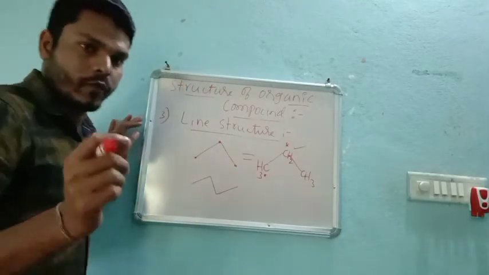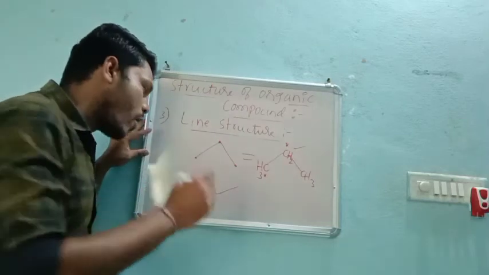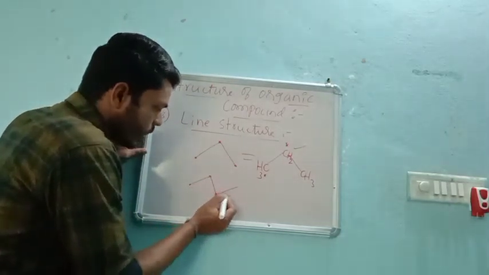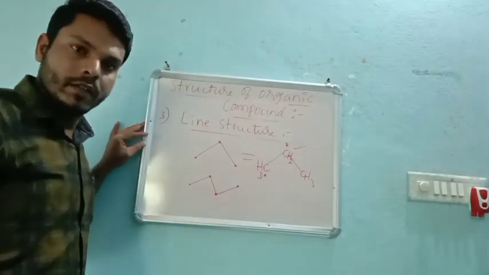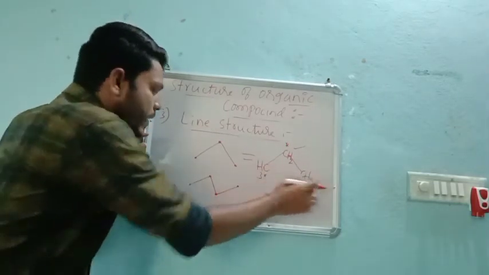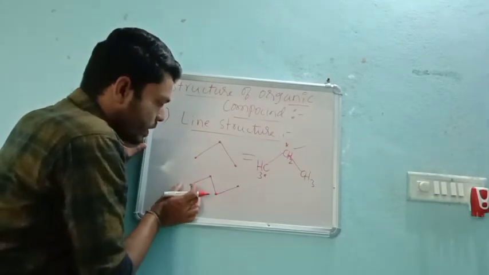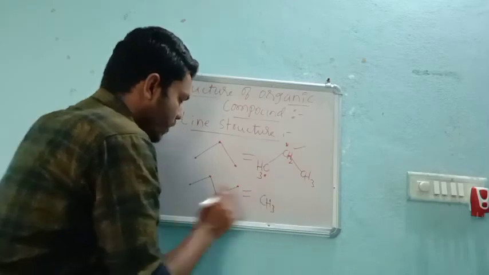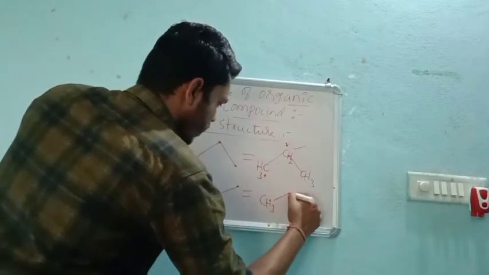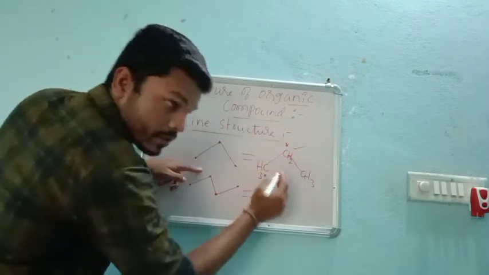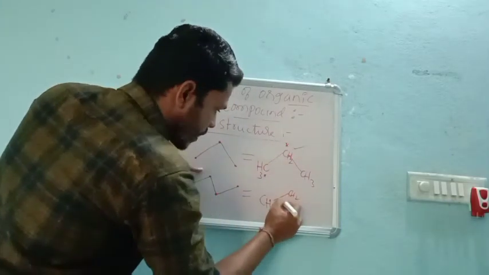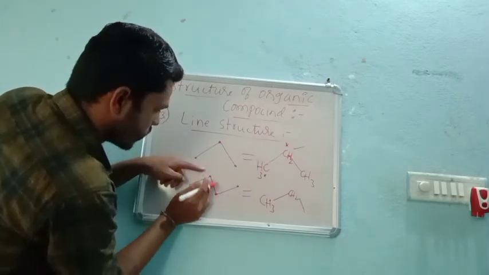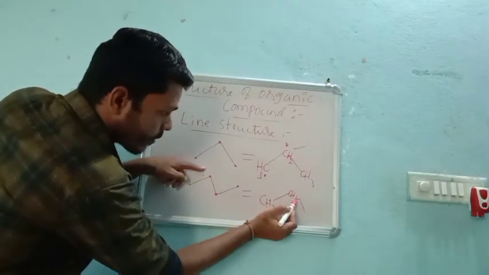Here, first try to identify the points: number 1, 2, 3 and 4. The terminal carbons, that means the last carbons, this carbon and this carbon, will have CH3. Now this one will be CH2, because around this carbon atom there are already two bonds, 1 and 2, so we still require 2 hydrogens.